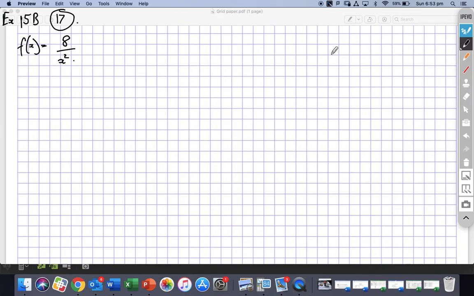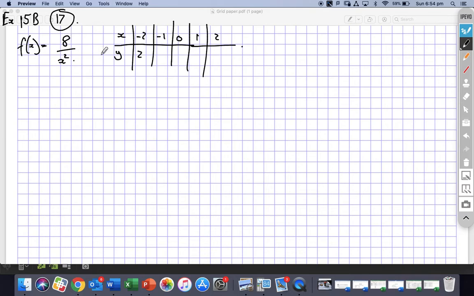And the general shape will be the same with this 8 on the top. I mean, you could set up a little table of values if you like. Maybe we have -2, -1, 0, 1, 2. So we could say, all right, if x equals -2, we'd have 8 divided by 4, which is 2.